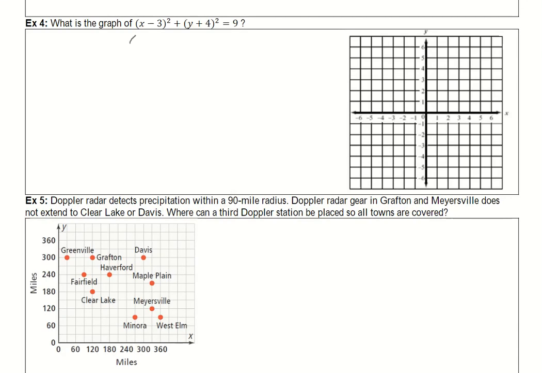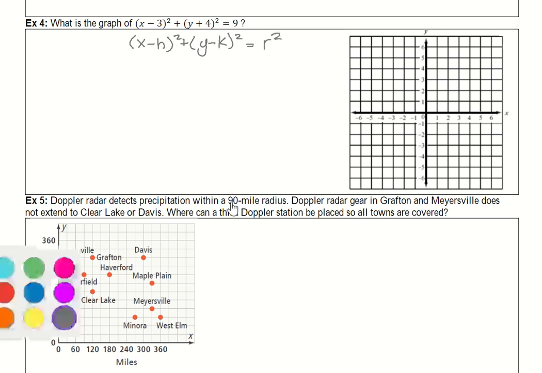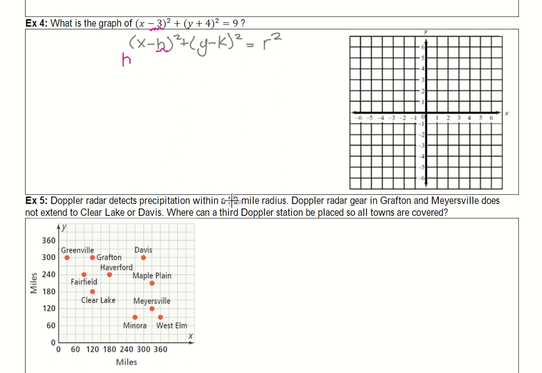The equation of the graph of a circle is x minus h squared plus y minus k squared equals r squared. Looking at this, minus h is going to give me the value of h. So this is telling me that h is 3.